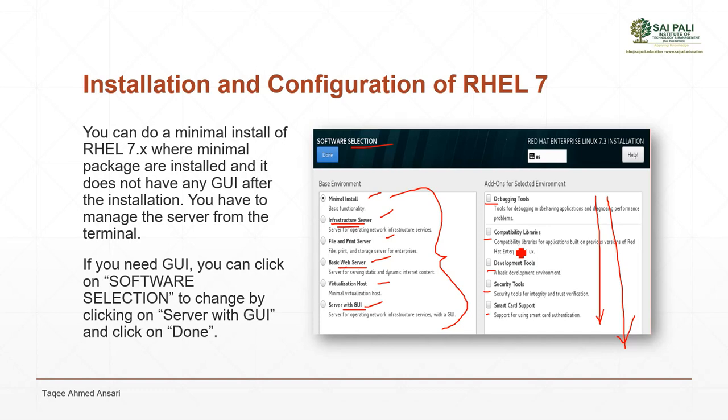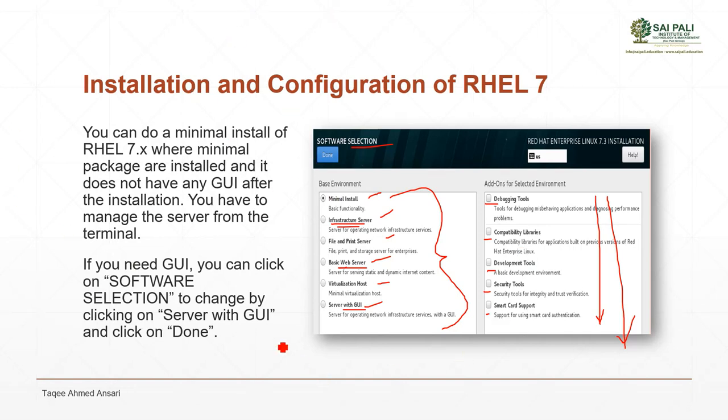But installing any software in Linux is not that easy, and it will always give lots of errors. So it is not like Windows that you just double click and install anything. We will see that, and we will see how we can solve the problem. So you select what you want.